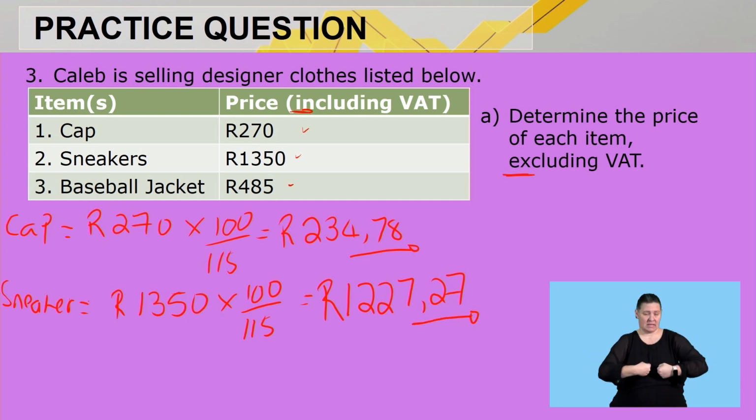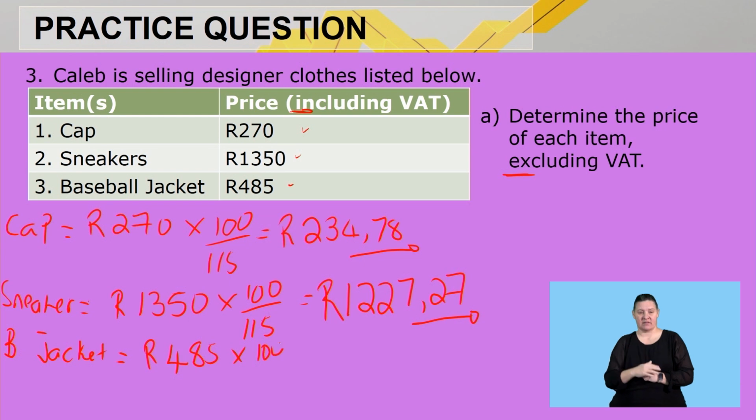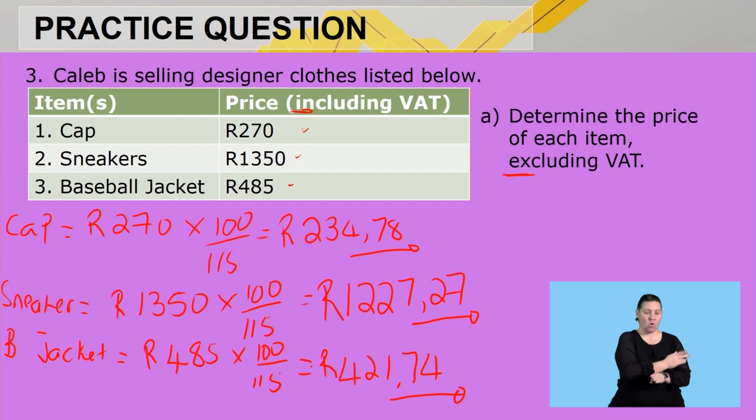Now, our third item is a baseball jacket, which costs 485, and that will be multiplied by 100 over 115. Working that out, 485 multiplied by 100 over 115 gives us a total amount of 421.74 cents. So all these costs are before VAT was included.